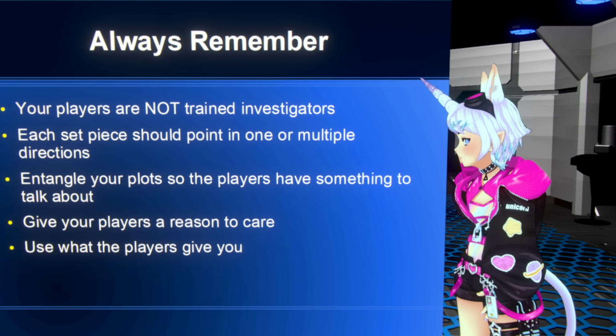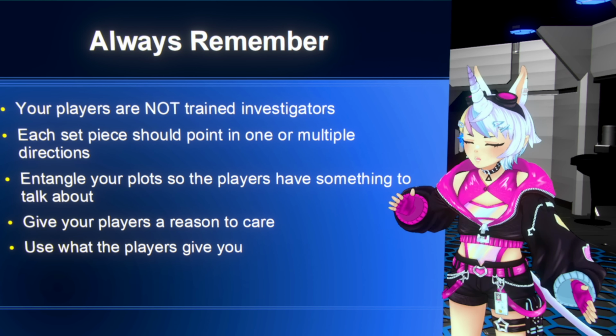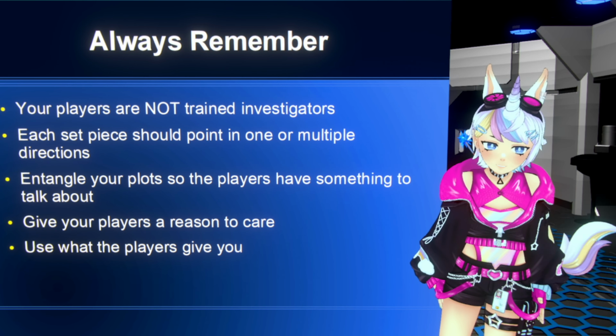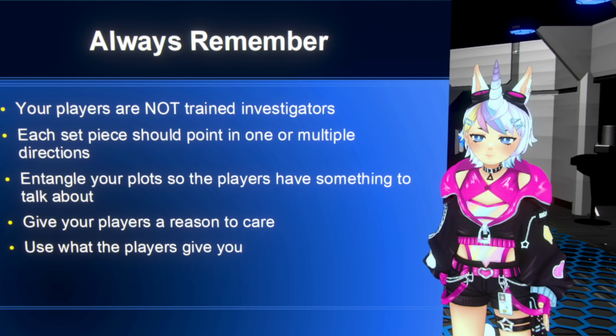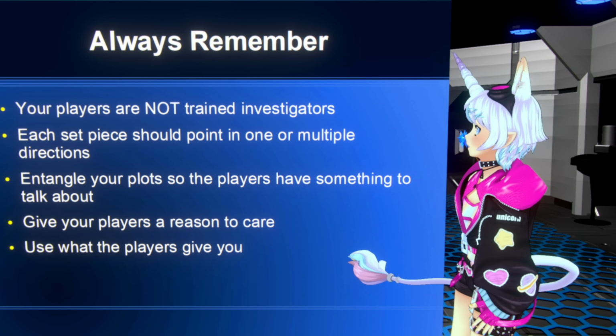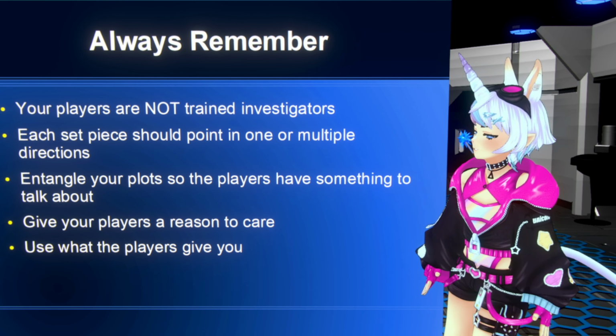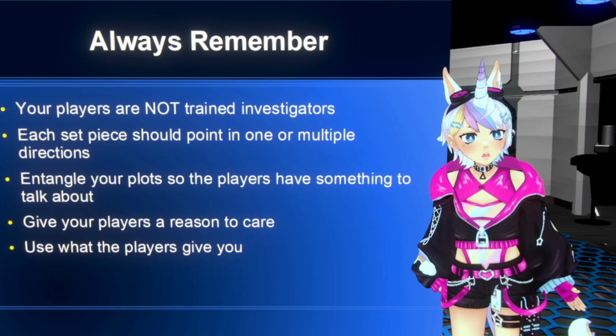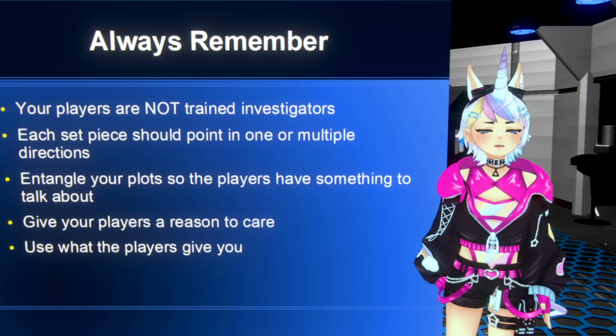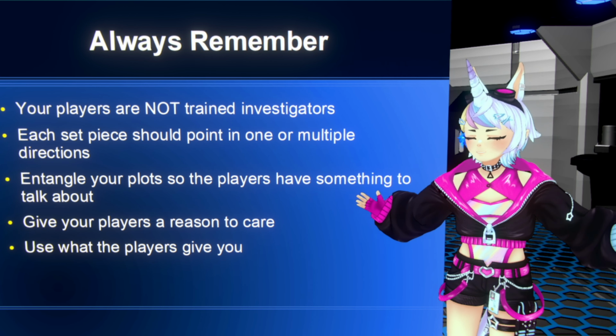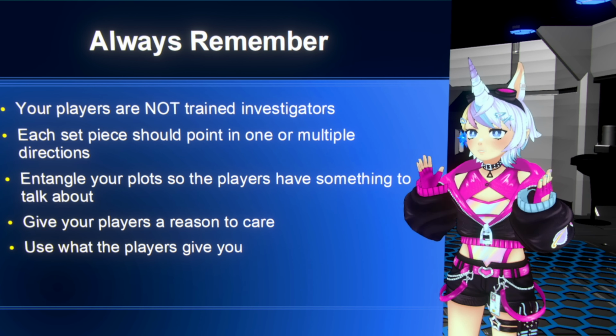Each set piece that you have in mind needs to point in one or multiple directions, and you can entangle your plot so that the players have something to talk about. Always make sure to give a quest to one particular player, and then give another quest to another particular player, and then have both of the ends of those threads lead to the same place.